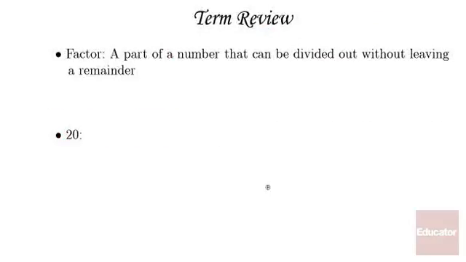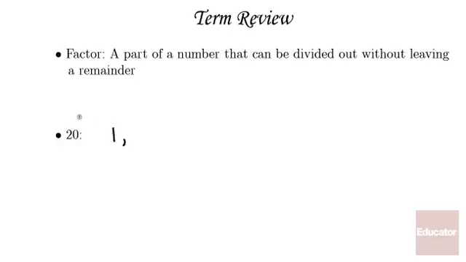So let's go over what a factor is. A factor is a part of a number that can be divided out without leaving a remainder. So if we have the number 20, it's all the parts of 20 that can be multiplied into 20 without leaving a remainder. An example of 20's factors would be 1.